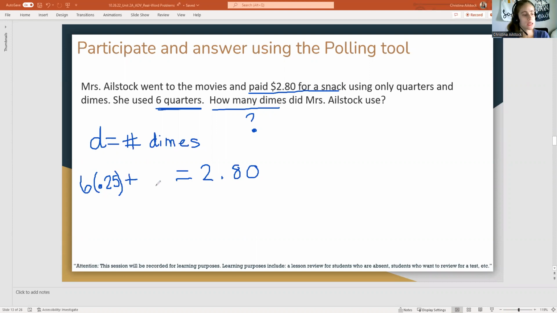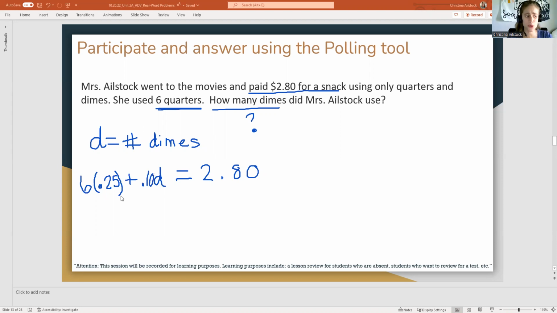And I know D is representing dimes, but would I just put a D there? Or do I need something else? I need something else. Just like with the quarters, I have to put that money amount. So it's 6 quarters times 25 cents each, plus however much a dime is worth times the number of dimes. Well, a dime is worth 10 cents, so we can express that here.